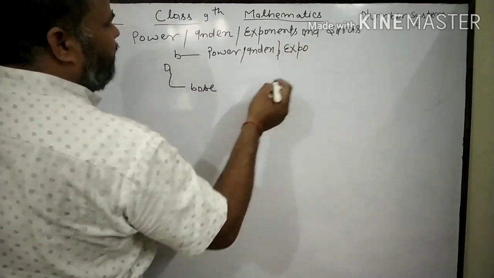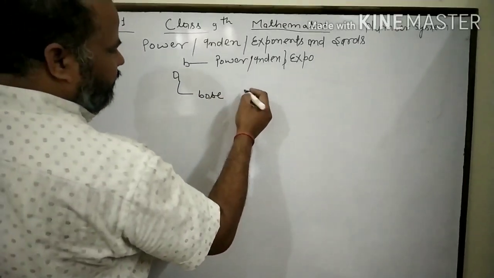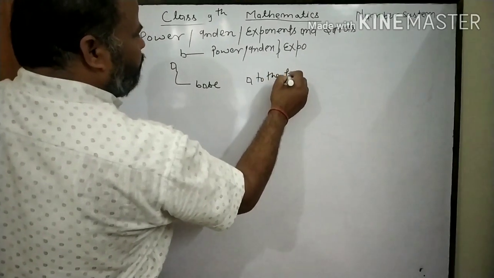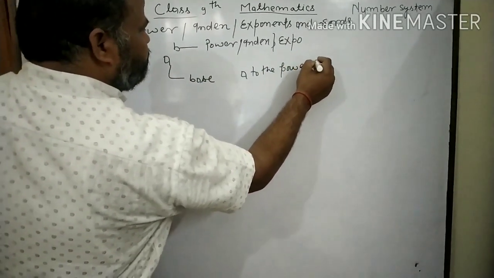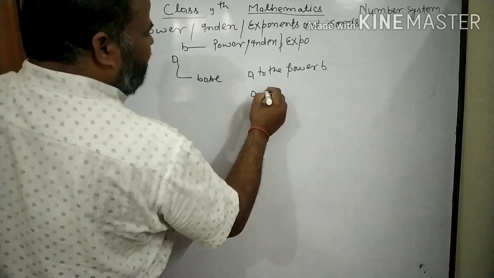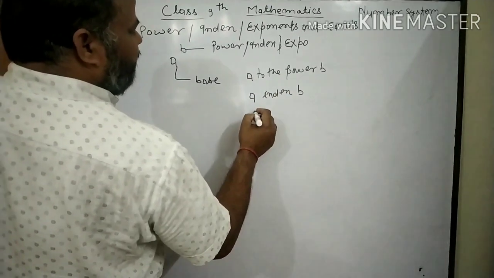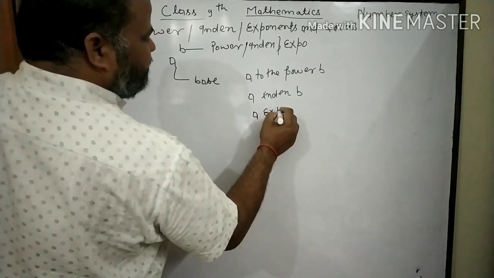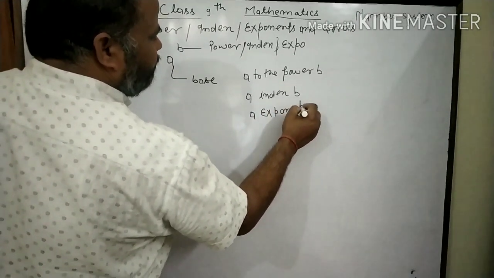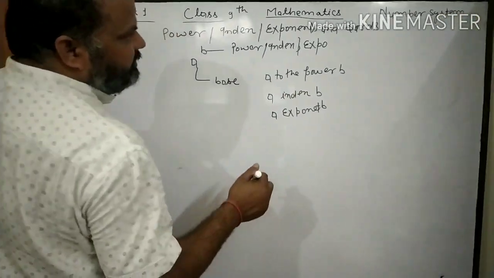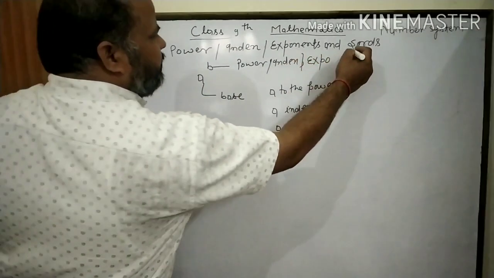It will be read a to the power b, or a index b, or a exponent b, whichever you feel convenient. Clear? And then after, surds.